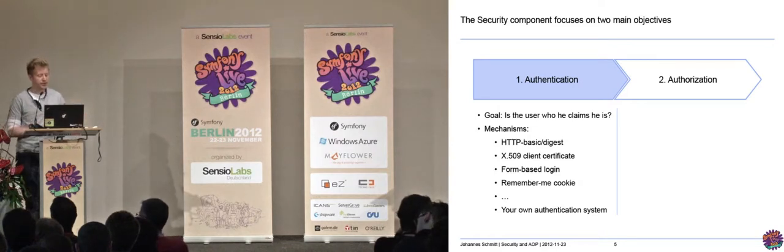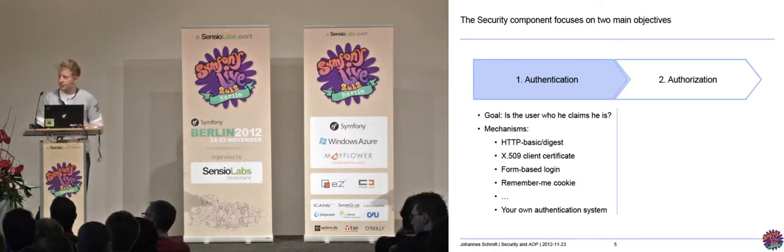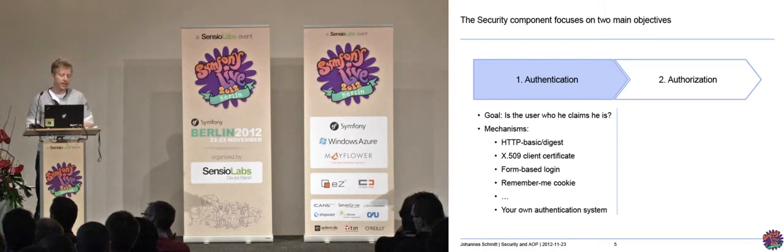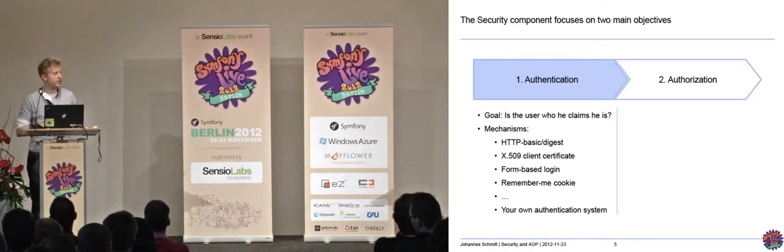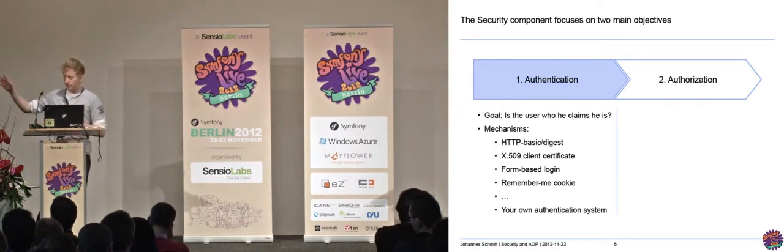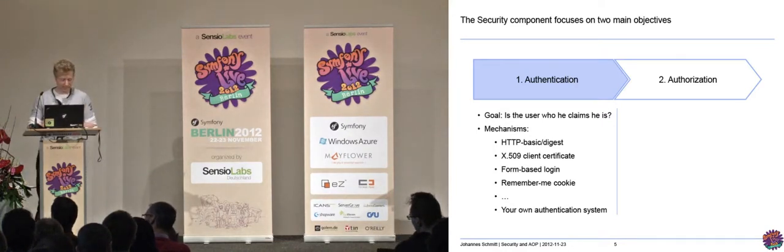Then we also have the traditional form login-based authentication. And with most authentication systems, you also want to incorporate something like a Remember Me cookie, where returning visitors are logged into your site automatically. And of course, you can also write your own authentication system.